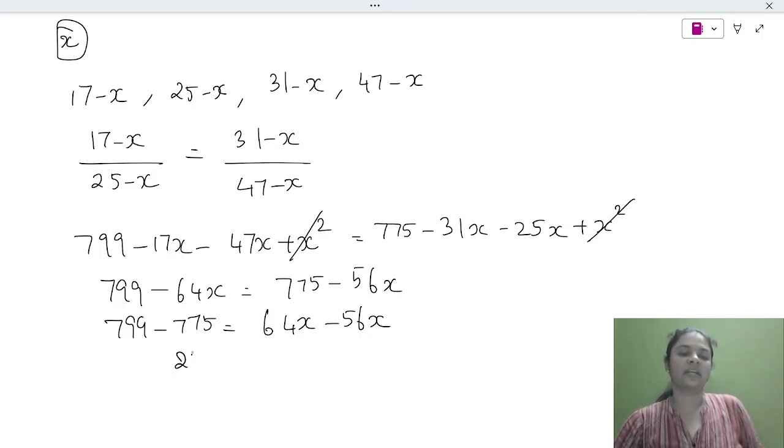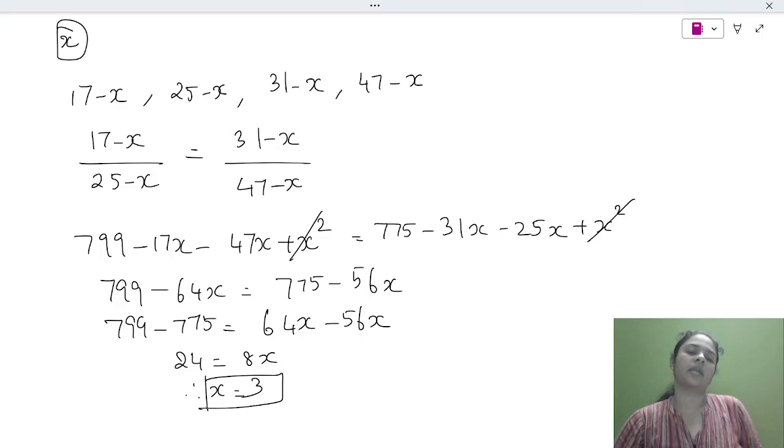So 24 equals 8x, and therefore x equals 24 by 8, which is 3. And this summarizes your answer.